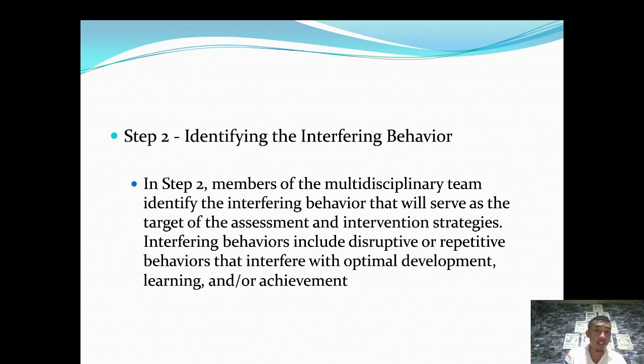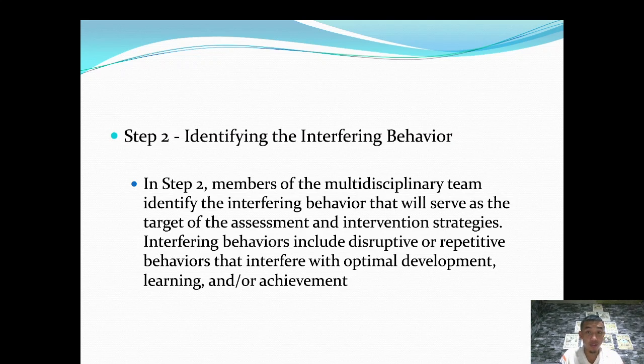So the second one is identifying the interfering behavior. In this step, members of the multidisciplinary team identify the interfering behavior that will serve as the target of the assessment and intervention strategies. So, in this step, they are going to identify the disruptive behaviors that occur in a certain student or learner, so they can have the intervention strategies.